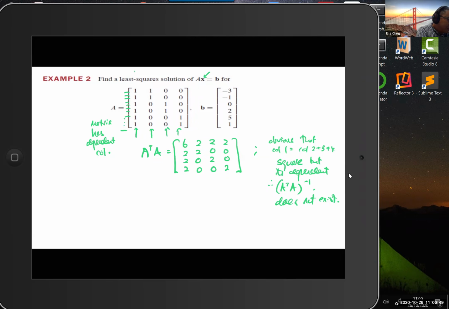Maybe, just maybe, this column is always, in this example, the sum of the second, third, and fourth columns. Now, if you have such a problem, the simplest way is to make A2 equal to A1 by throwing away one of the dependent columns. So you make the A matrix by throwing away dependent columns, and you get an A matrix that is full rank.